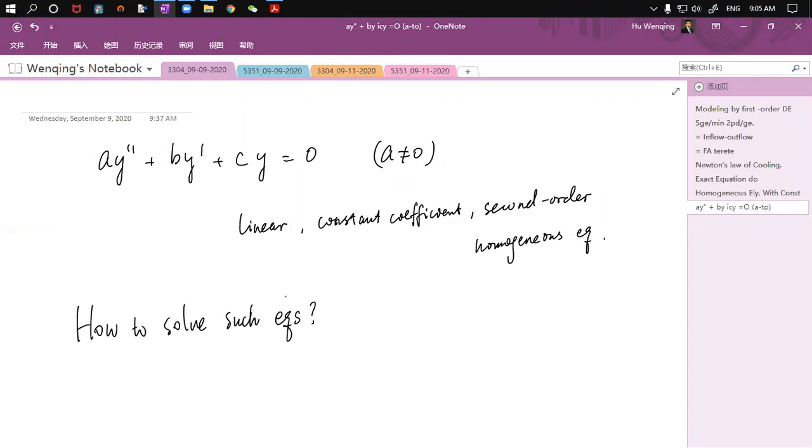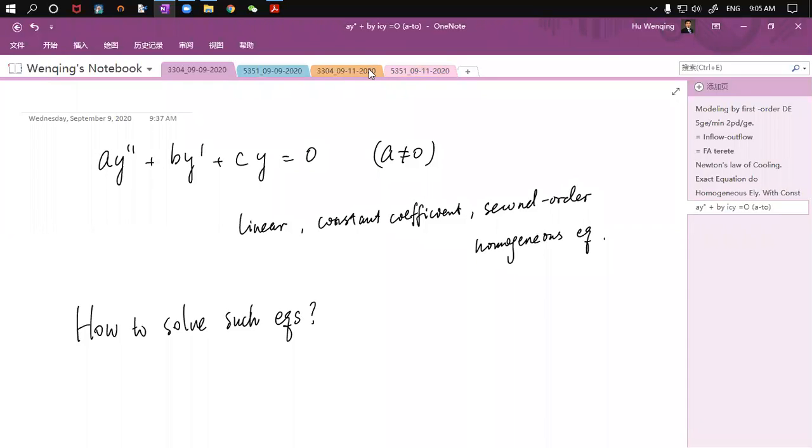We've been talking about the method of separation of variables, and we've been talking about integrating factors. These are methods that help you solve first order equations, but can they help you solve second order equations? If you have been thinking about this problem once in a while, you're going to realize that it doesn't really work. It doesn't solve this equation.